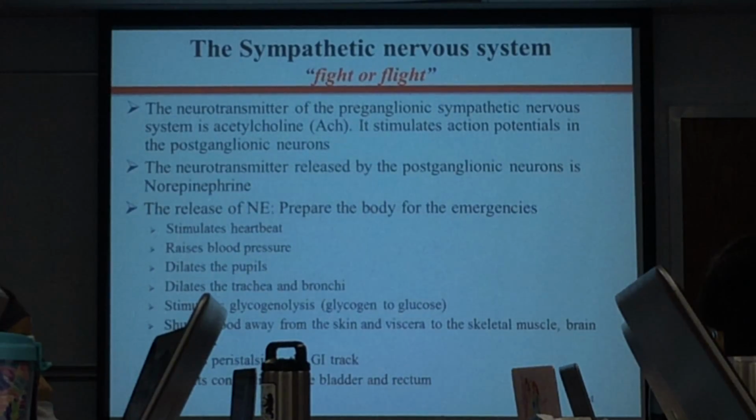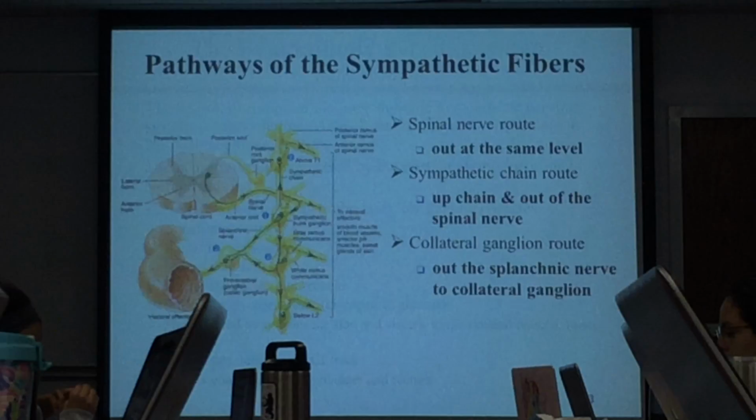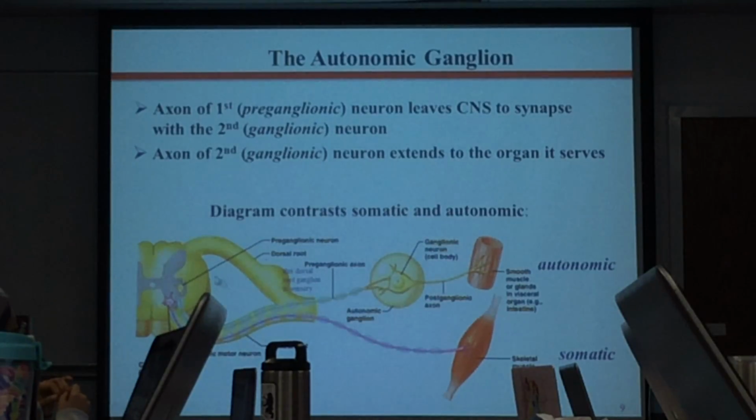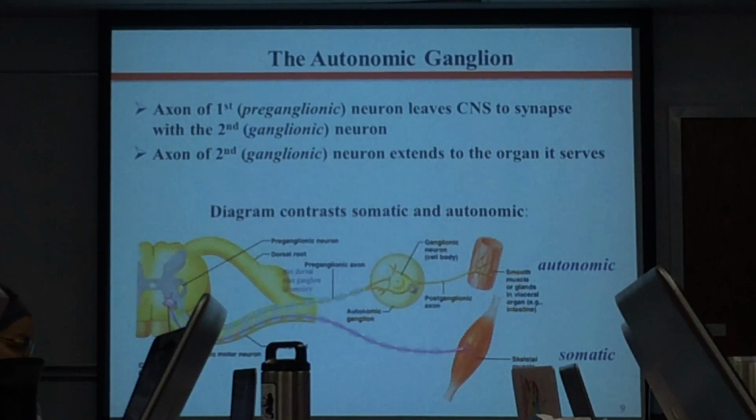So when the norepinephrine is released, let's go back and talk about how this works. Okay, so you have the preganglionic system, and you have the postganglionic system. In the pre system, acetylcholine is the neurotransmitter, and here norepinephrine is the transmitter.